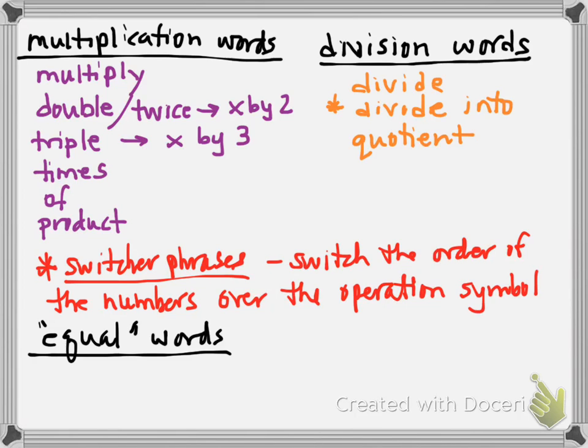Okay, Joy? The answer? Nope. Not the answer. Justin? Is. The word is. Generally speaking, it's all the words that mean to be. So that is the most common way that you hear equals in a word problem, is the word is.